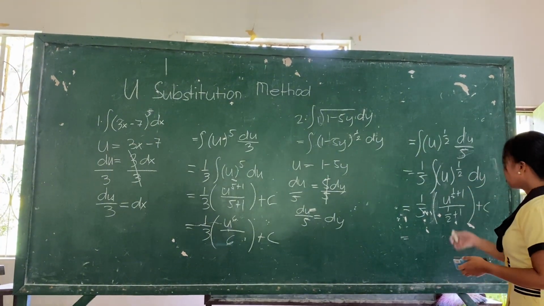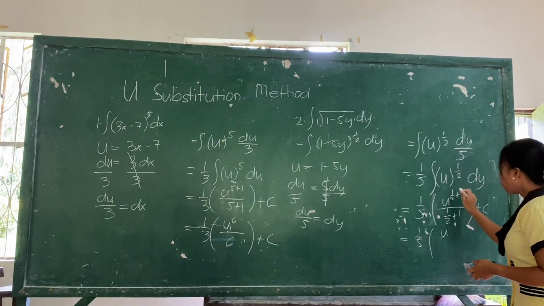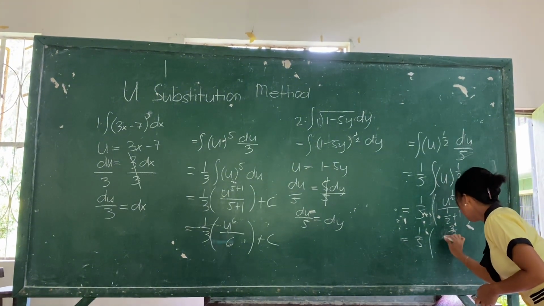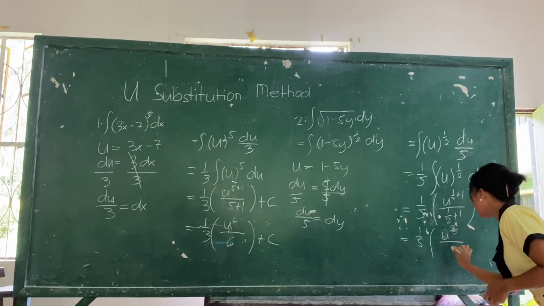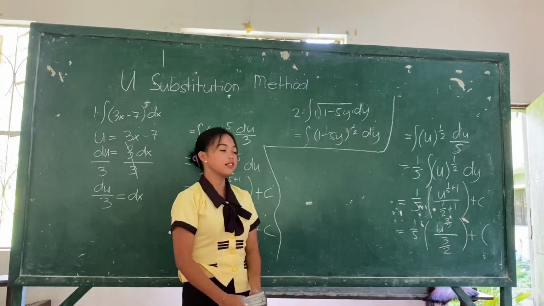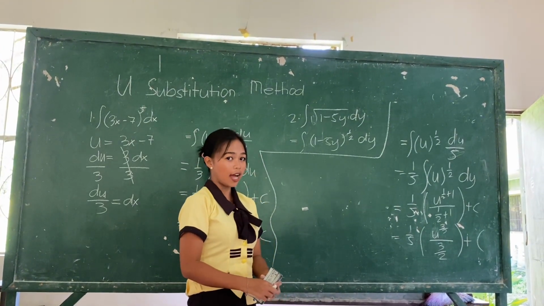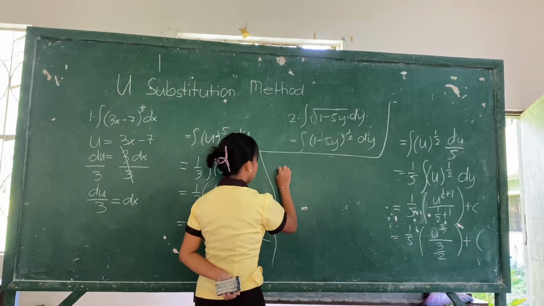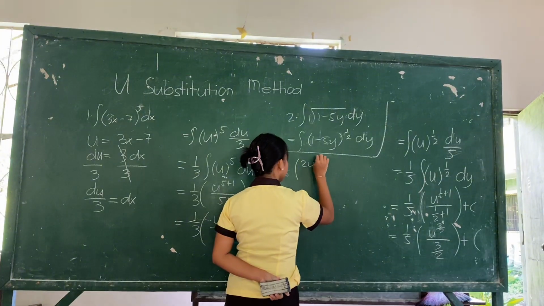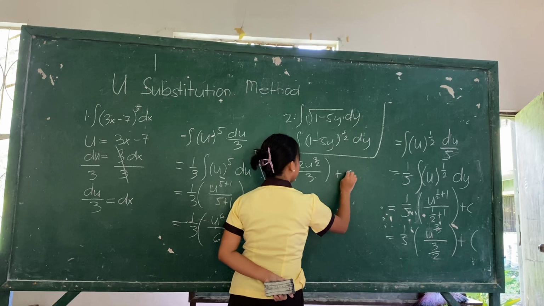Next, 1/5 u, 1/2 plus 1 is equal to 3/2 over 3/2 plus c. Next, we will get the reciprocal of u raised to the power of 3/2 over 3/2, which will be 1/5 times 2u raised to the power of 3/2 over 3 plus c.